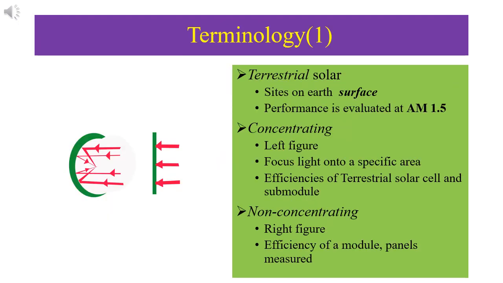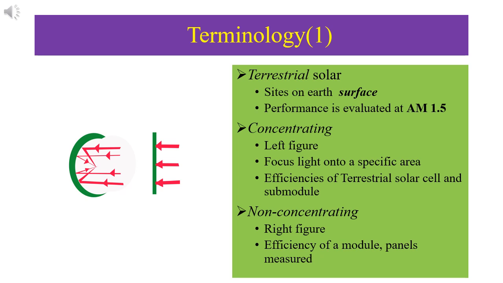Next, terrestrial solar cell is the one operated on the Earth's surface. As was explained in the first lecture, solar cell can be classified into two kinds. In the concentrating one, solar light is focused on a specific area where absorption occurs.